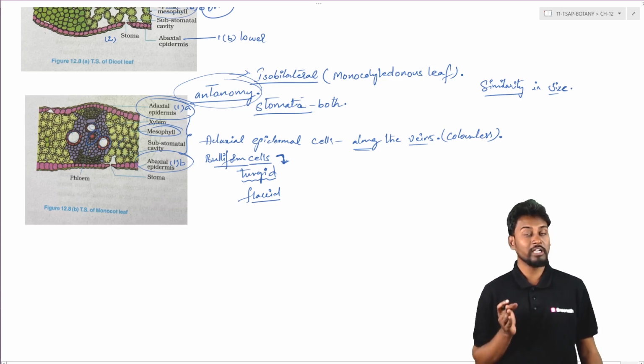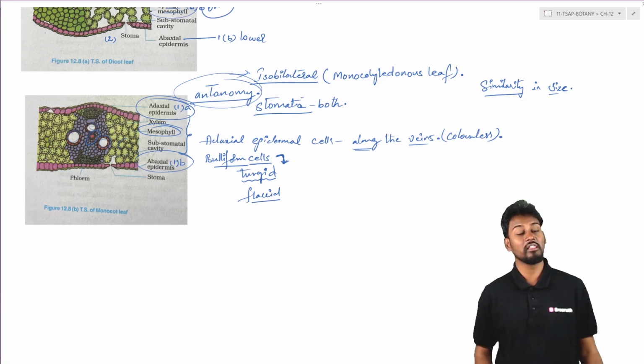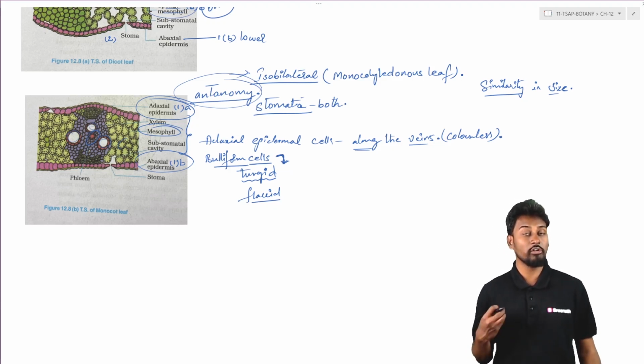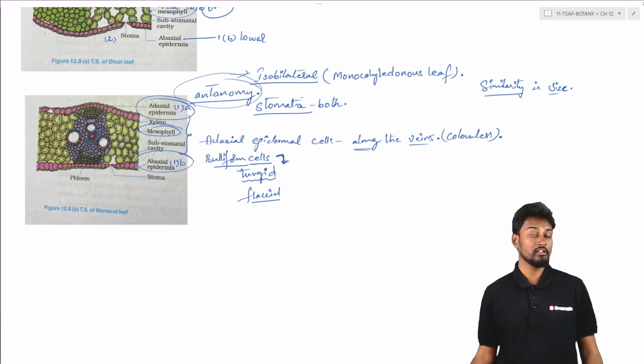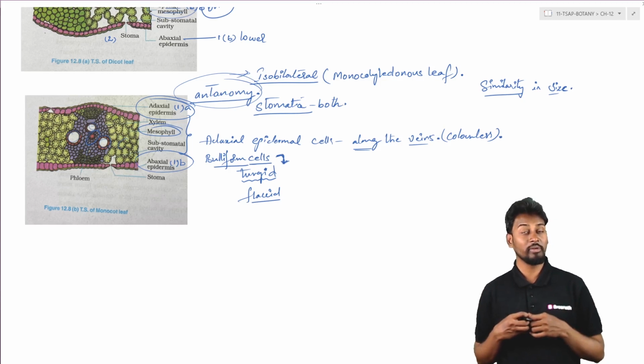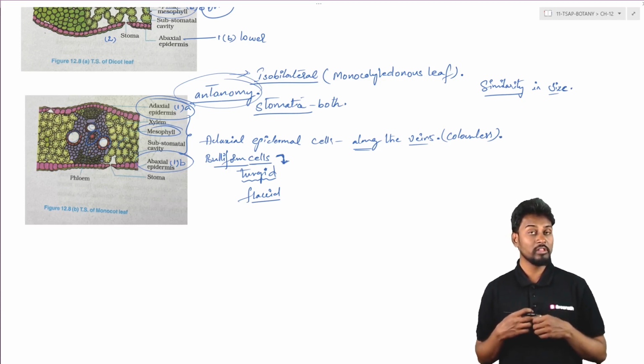The phloem conducting tissue is involved in conducting the food material, and the xylem tissue is involved in conducting the minerals and the water. Together this is called the bundle sheath, or the sheath of the bundle, which is the vascular system.